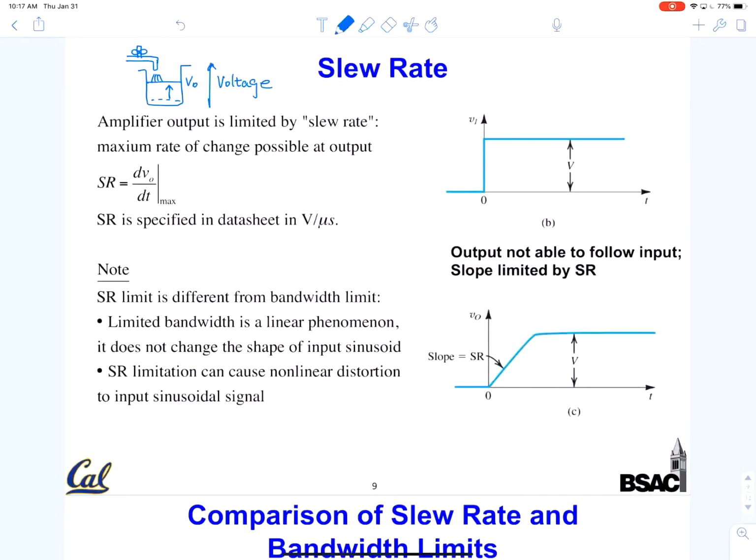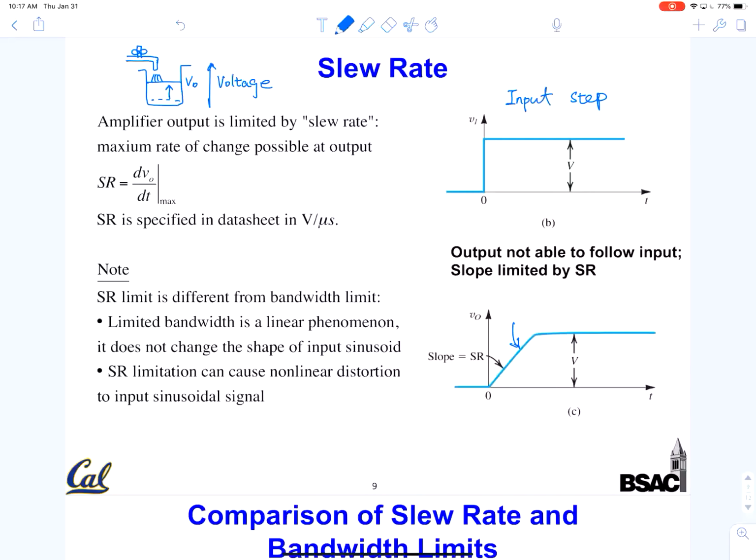Even though your input has a step response, your output will try to follow that, but the initial slope is limited by the maximum output current that your circuit can supply. This is equivalent to fully opening your faucet.